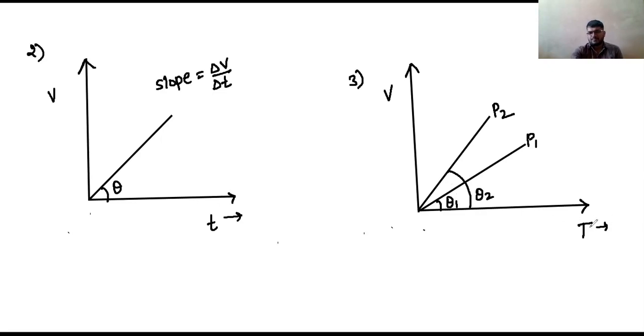First, for this line, we kept one pressure constant and plotted volume versus temperature. For the second, P2, the volume and temperature graph. So the angles are theta 1 and theta 2. If this is the case, then definitely what you can conclude from this is P1 is greater than, okay, right? So note down these two graphs also.